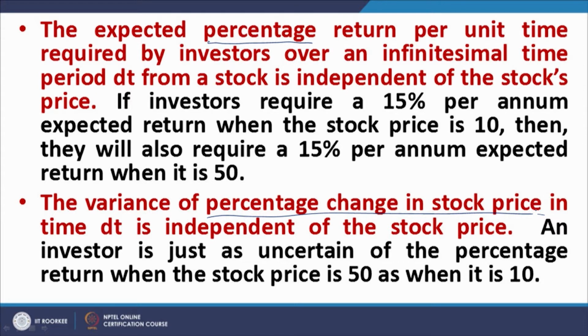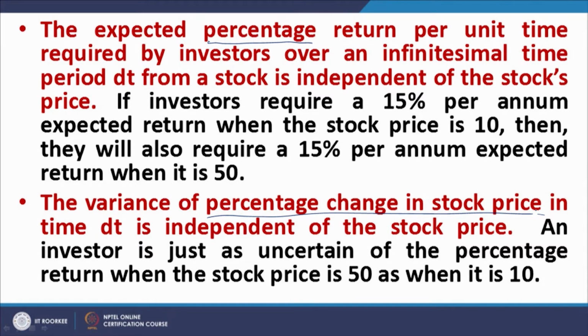So, the variance of the percentage change in the stock price in a small time interval, infinitesimal time dt, is independent of the stock price. An investor is just as uncertain of the percentage return when the stock price is 50 as when the stock price is 10. Both of these assumptions seem to be rational, seem to be logical, and therefore, they form the cornerstone or the backbone of the modeling of stock prices.